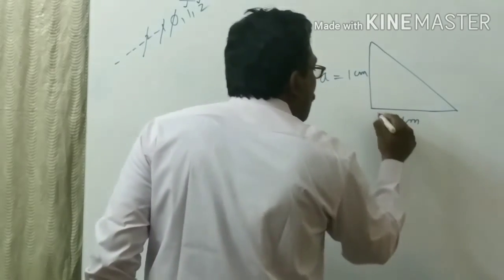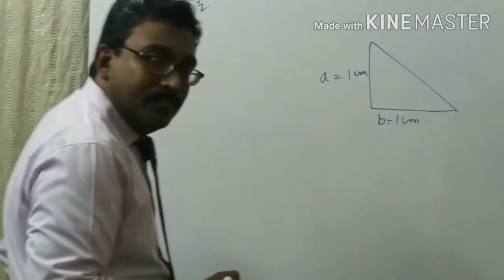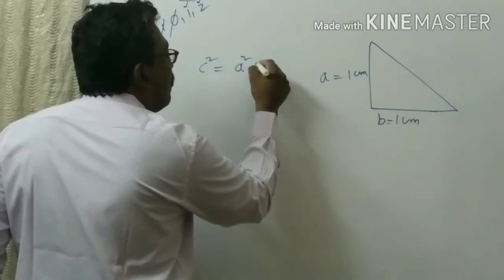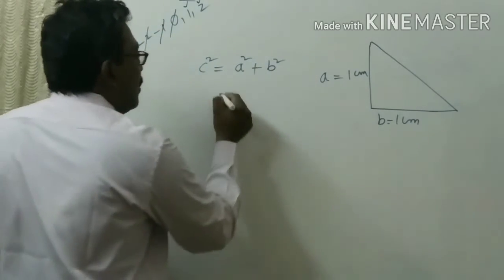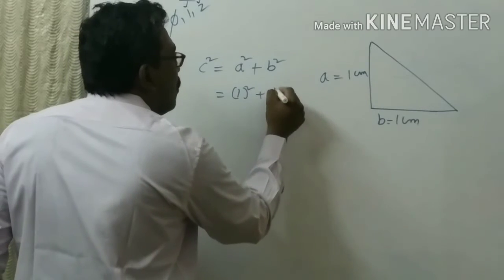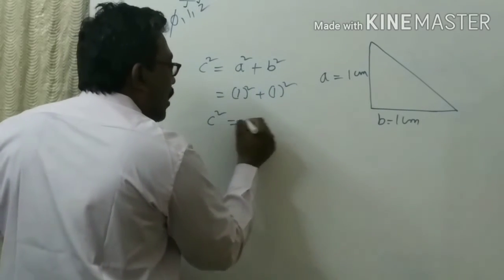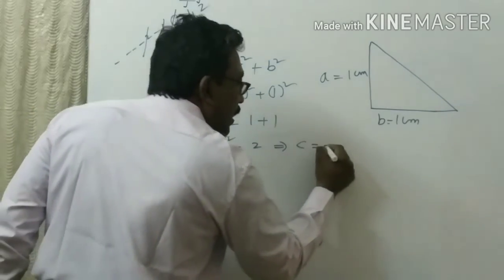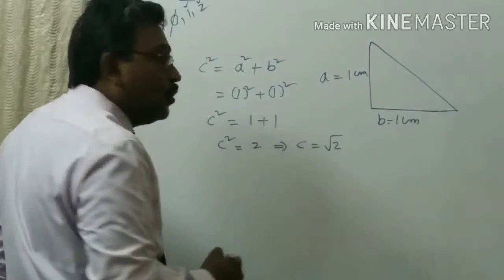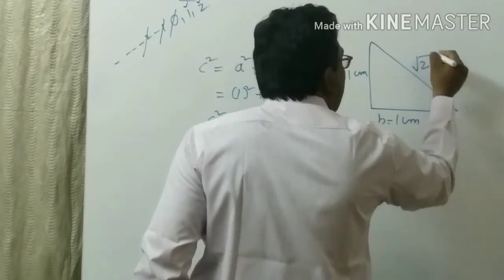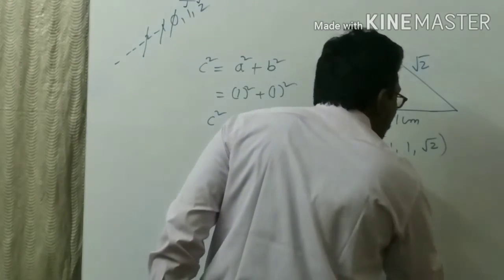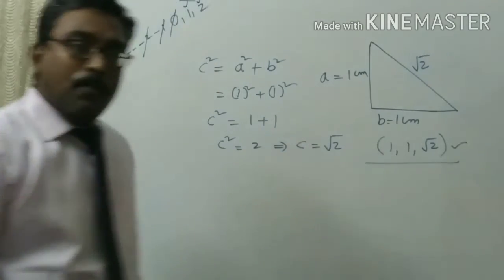A is equal to 1, B is equal to 1. What is the Pythagoras theorem rule? Hypotenuse square is equal to side square plus side square. So 1 square plus 1 square. C square is equal to 1 plus 1. C square is equal to 2. That implies C is equal to root 2. So what is its hypotenuse? Root 2. 1 comma 1 comma root 2 is a Pythagorean triplet.